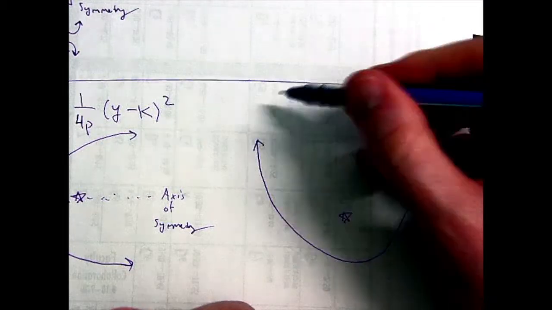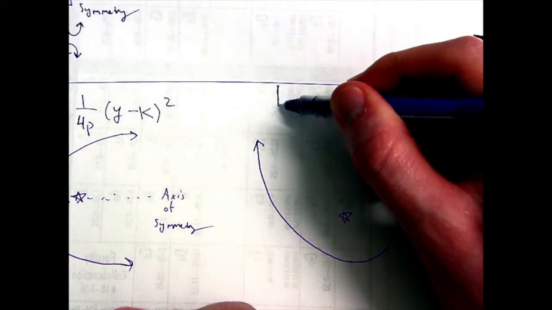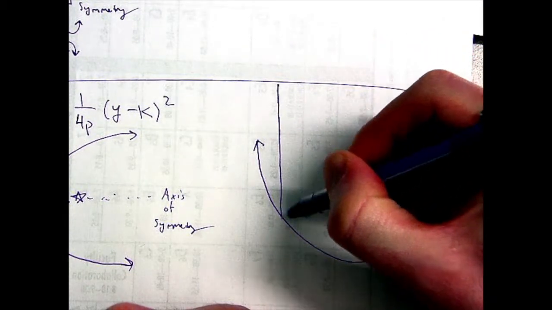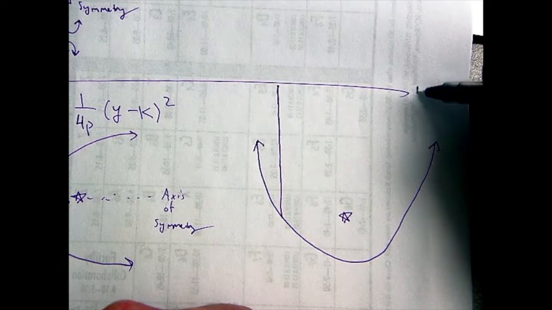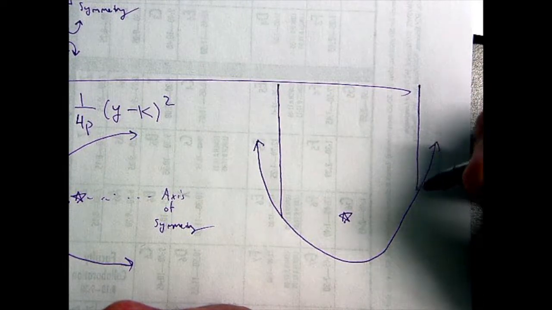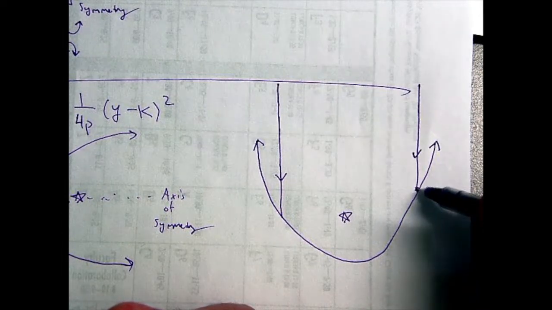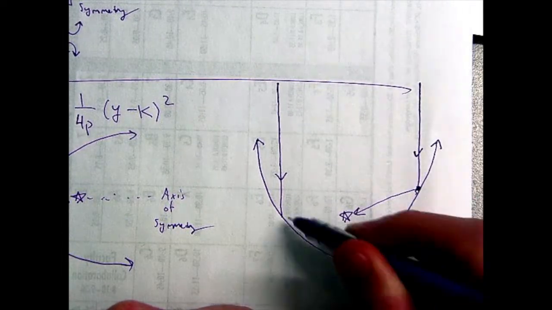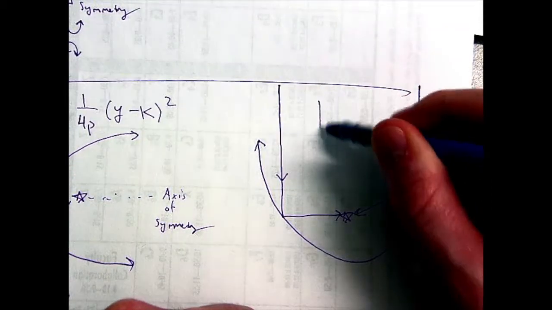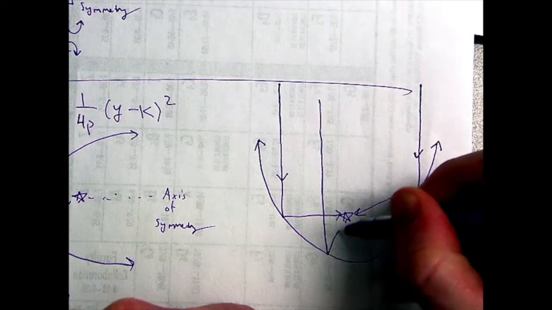Imagine that you have parallel light beams coming in. So maybe the sun is shining down, and you have a bunch of light beams coming in like this, and they're all parallel to one another, coming straight down. It turns out no matter where they hit the parabola, they will bounce off and go directly to the focus. So you could come in here, and you'll bounce off this way.